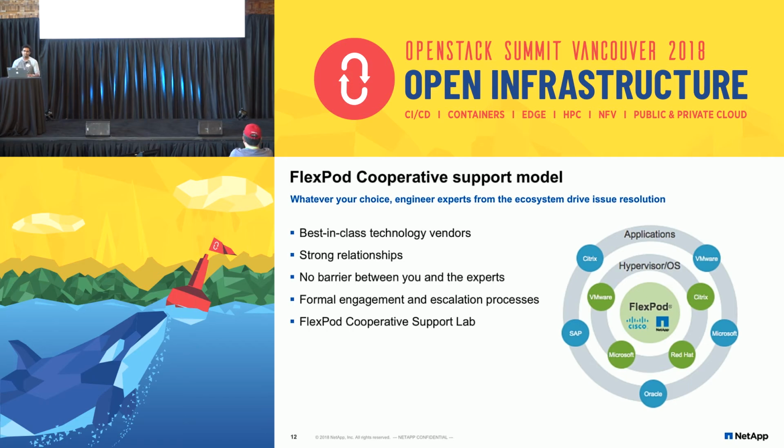You don't have to triage the issue to the individual components, whether it is a networking issue or a storage issue. You can directly contact any of the vendors, and the support will be provided. And these three companies also run a support lab, so any issues or triages will be resolved in the lab jointly.